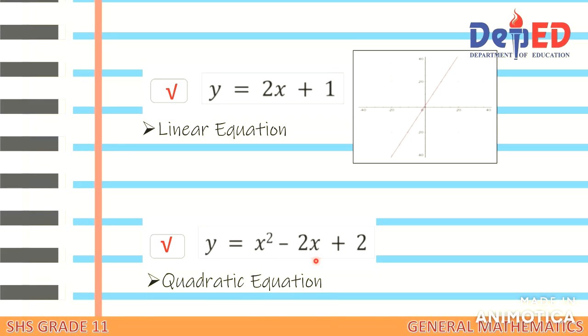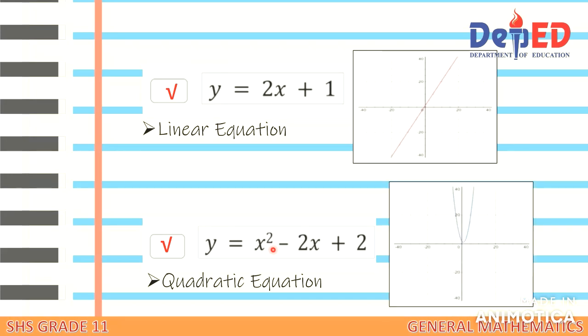And this is a quadratic equation because of the exponent 2 here. And the graph of a quadratic equation is like this. Not all quadratic equations have the graph of this one, okay? It so happens that the value of the first term here is positive. So the graph is like this. So if we're going to draw a vertical line test here, we can have one point of intersection.